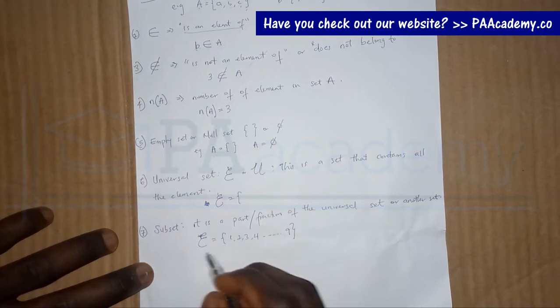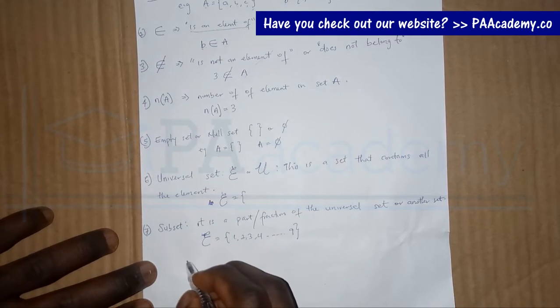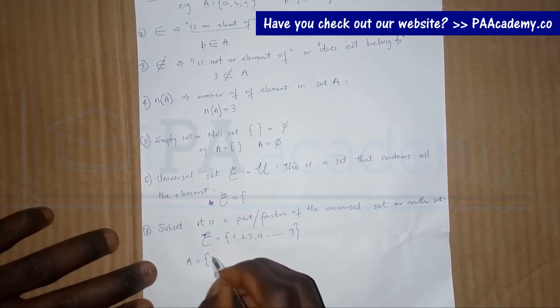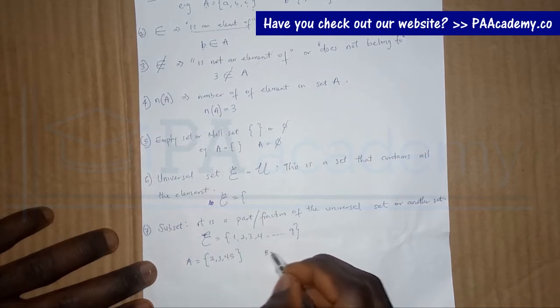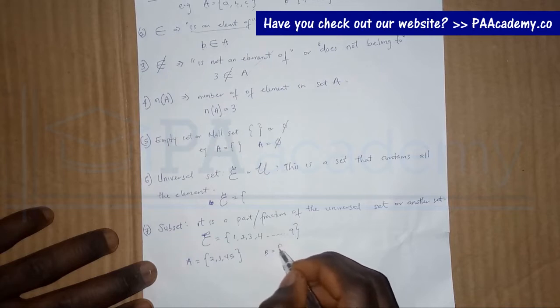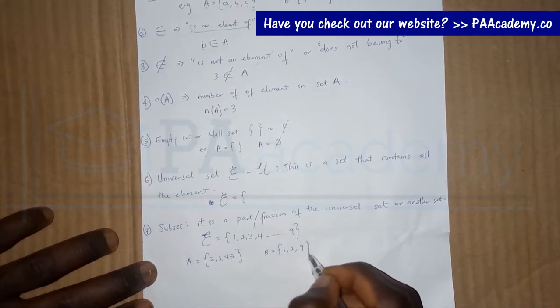Exactly. So if you have a universal set like this, and then another set A with the elements 2, 3, 4, 5, and then another set B with elements like 1, 2, 9, and so on.